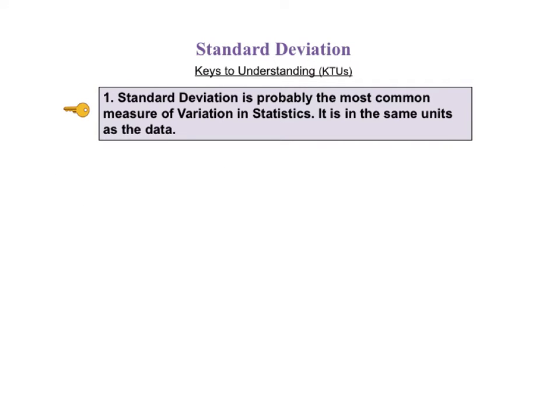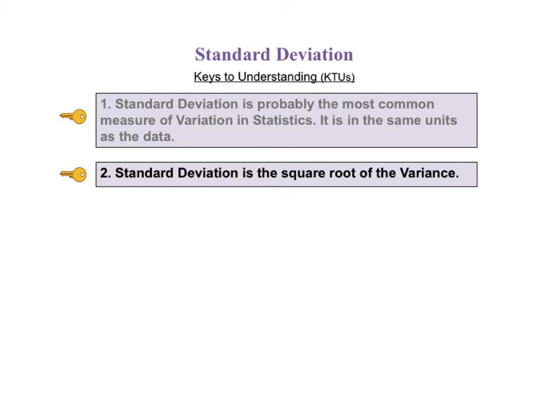Standard deviation is a relatively straightforward concept, so there may be less of a need to clarify confusion than for other statistical concepts. Be that as it may, here are 5 keys to understanding the concept of standard deviation. The first key tells us that standard deviation is probably the most common measure of variation in statistics. It is in the same units as the data. The second key says standard deviation is the square root of the variance.